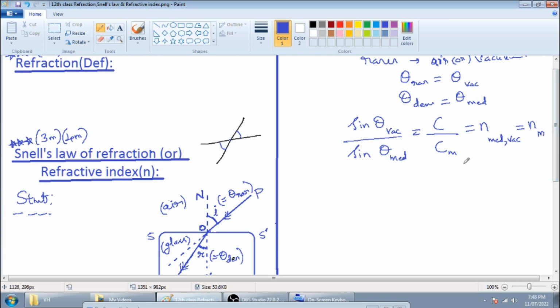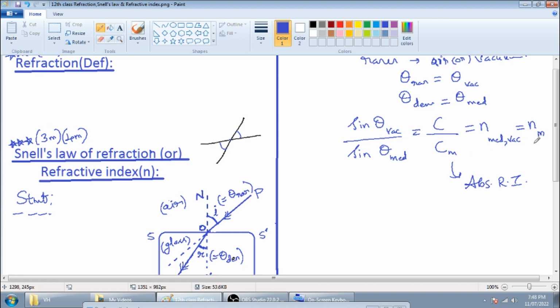So this is nothing but the absolute refractive index. So what is the absolute refractive index definition now? Simply it's nothing but the refractive index of any medium with respect to air or vacuum. So simply the equation is, in terms of velocities of light, velocity of light in vacuum divided by velocity of light in the given medium.